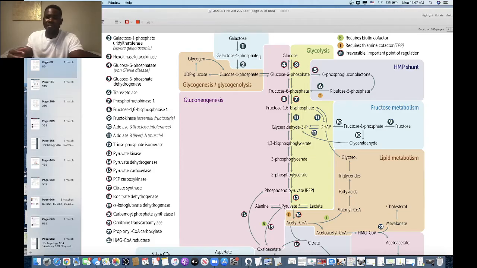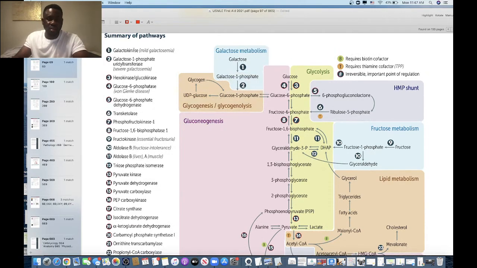But then we don't have a galactose kinase, so let me see what they wrote. Yeah, that's what we have. It's galactokinase. Good, so it works. Just the substrate plus the function it is doing will give us the name.